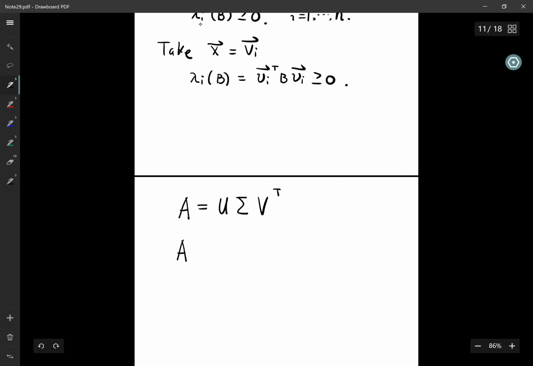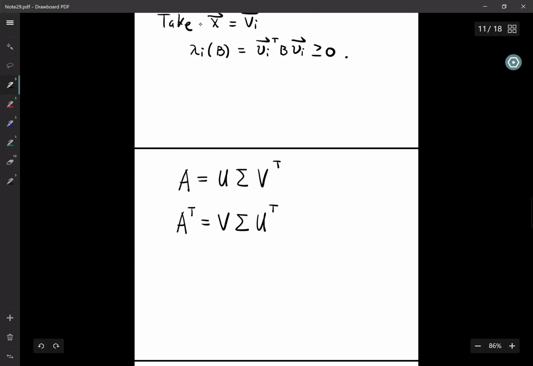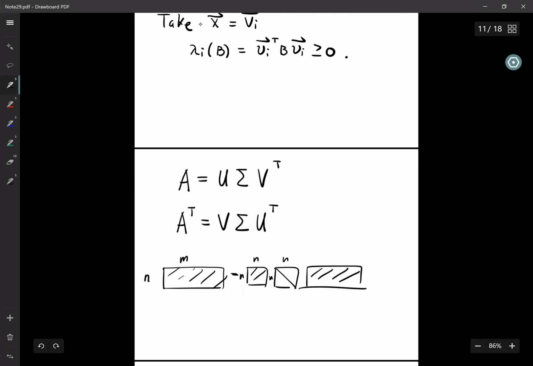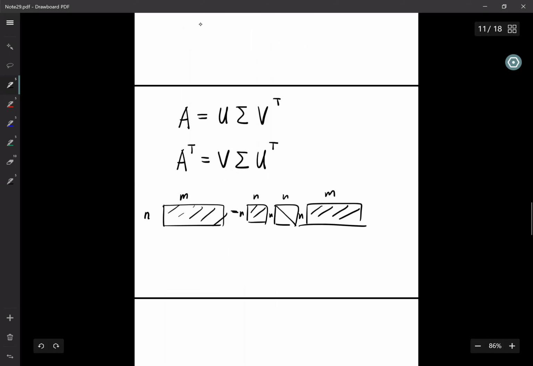Similarly, there's a very symmetric construction, which is V sigma U transpose, where this is an n by n matrix times n by n, but it's a diagonal, times n by m matrix. So how does it compare with eigenvalue decomposition?